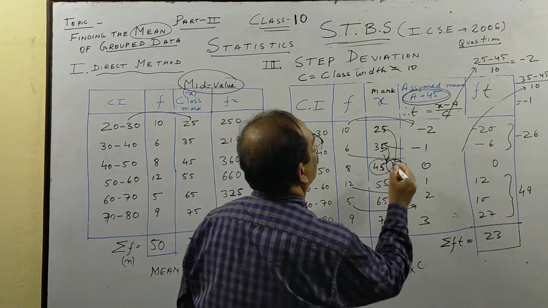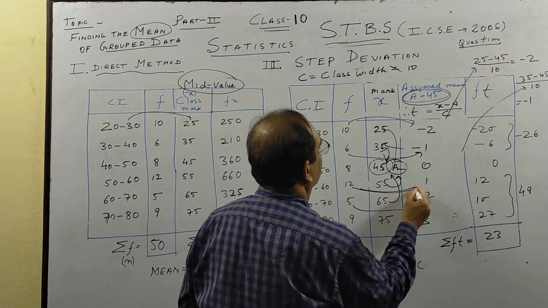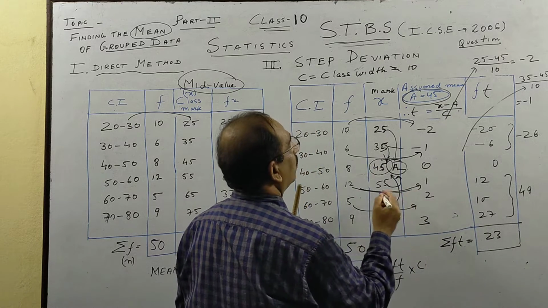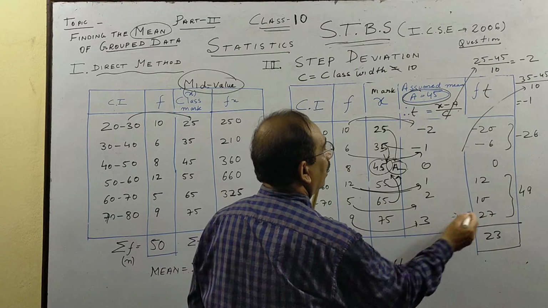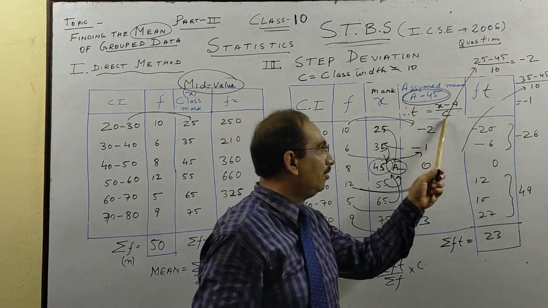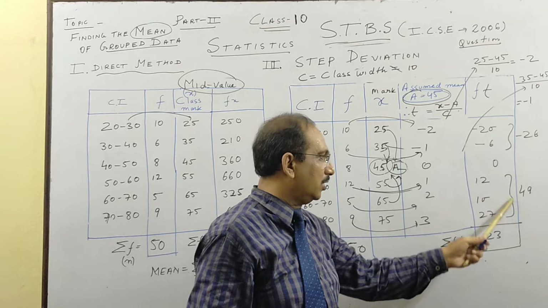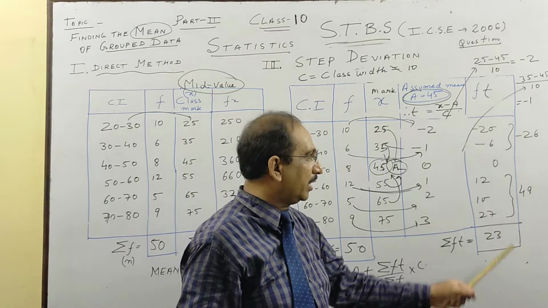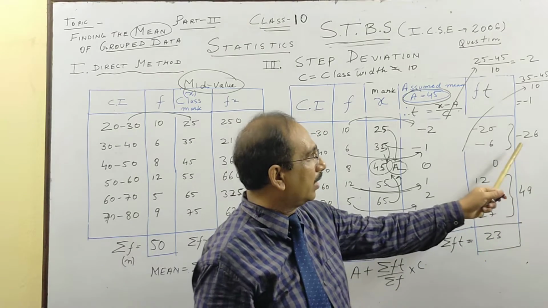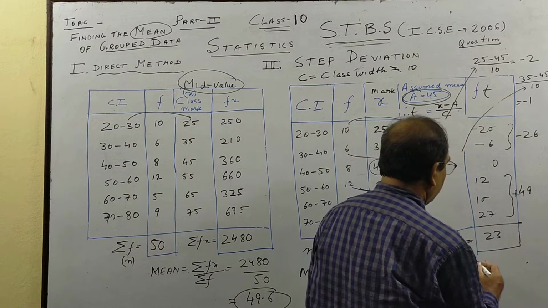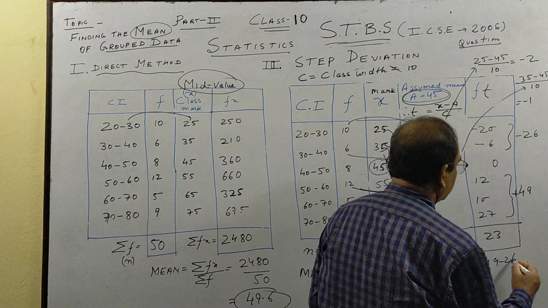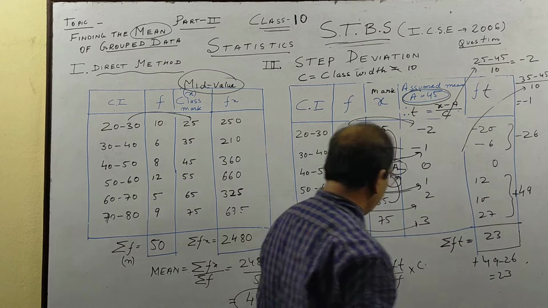I told you multiply with this. 8 into 0 is 0. 12 ones are 12. 5 twos are 10. 9 threes are 27. So you will see here a zero goes, and here a zero goes, and here 230 becomes 23. See how you will get minus 26 plus 49. So when you add plus 49 minus 26, you get 23.